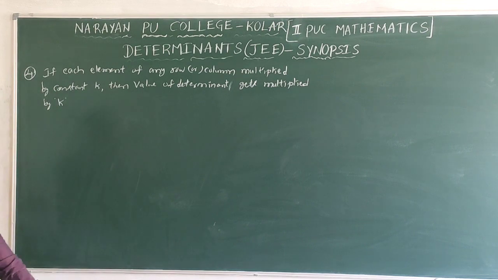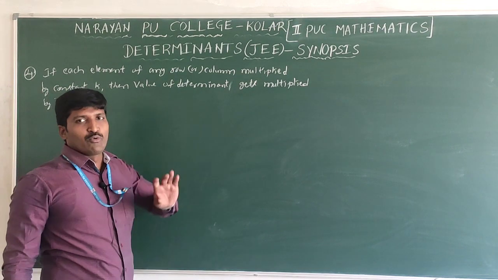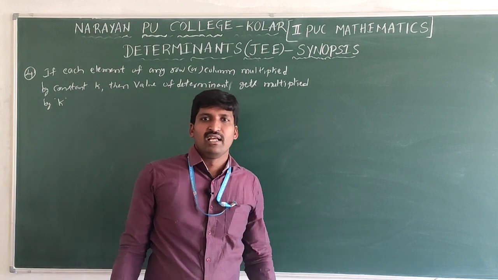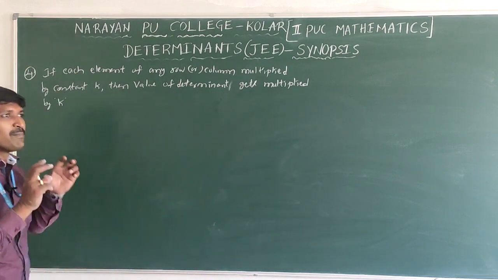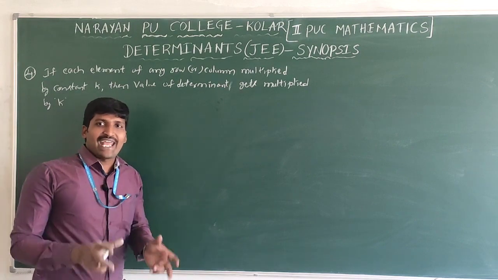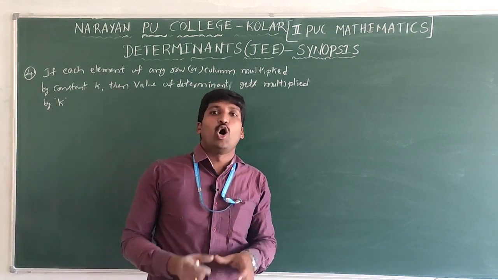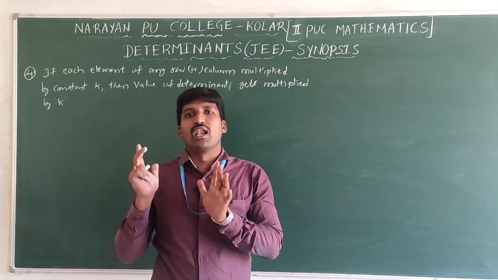That means along any row or column, if you multiply by any constant, then the value of the determinant gets multiplied by that constant. Simple meaning, we can take a common factor out of any row or column.